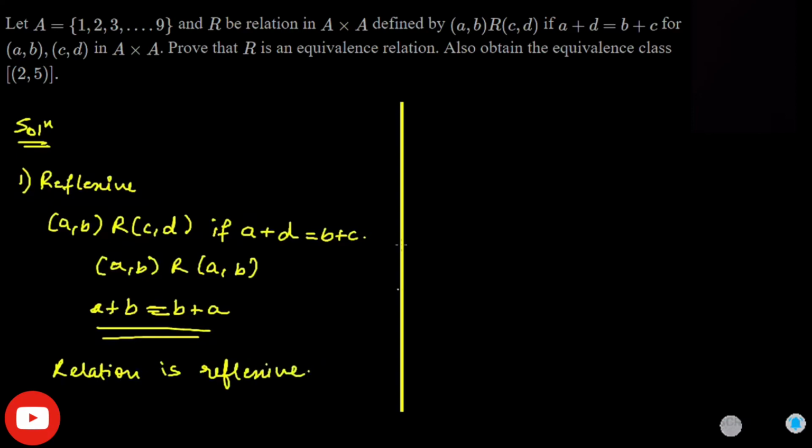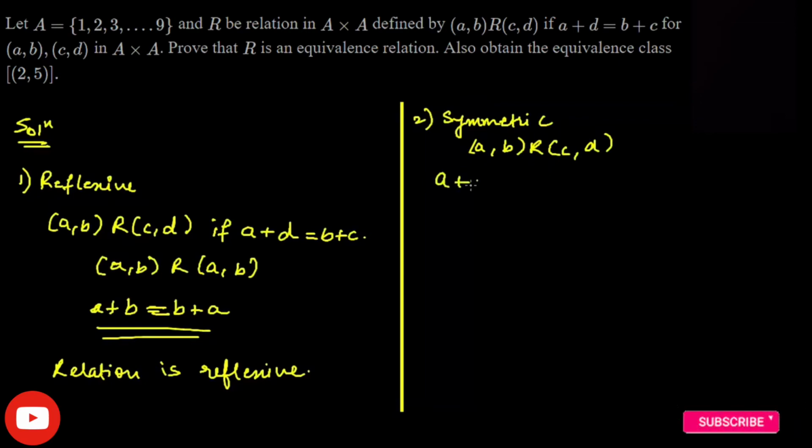Now second, we have to prove that the relation is symmetric. So we'll write what we are given, that is the relation is given as a + d is equal to b + c.